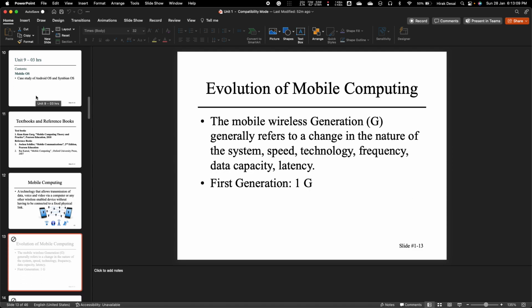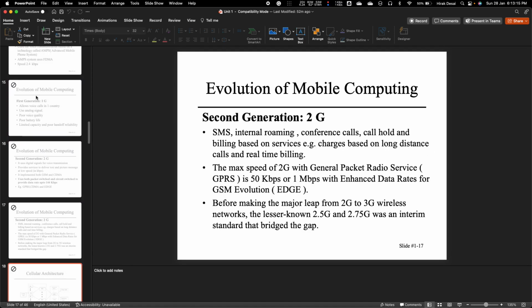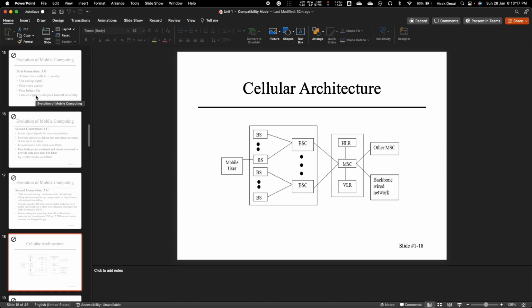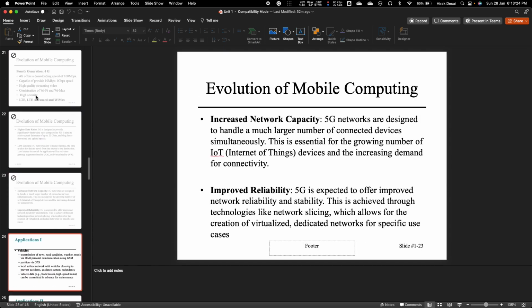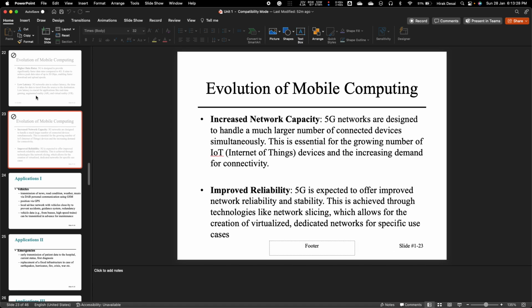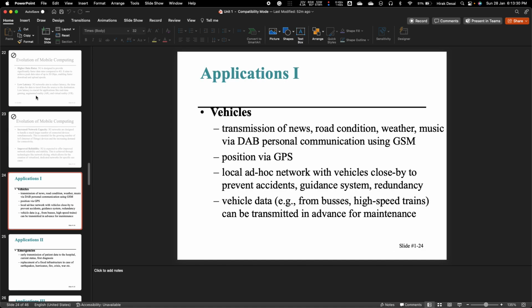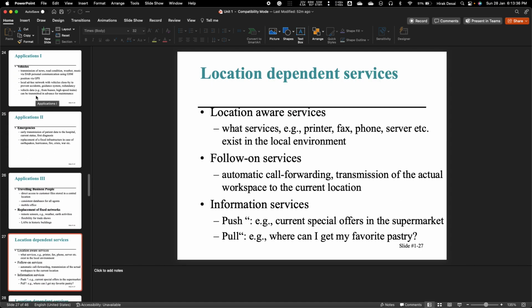Evolution was skipped, and cellular architecture was skipped too. Applications: vehicles and emergencies we understood. Traveling business people and replacement of fixed networks we also understood.